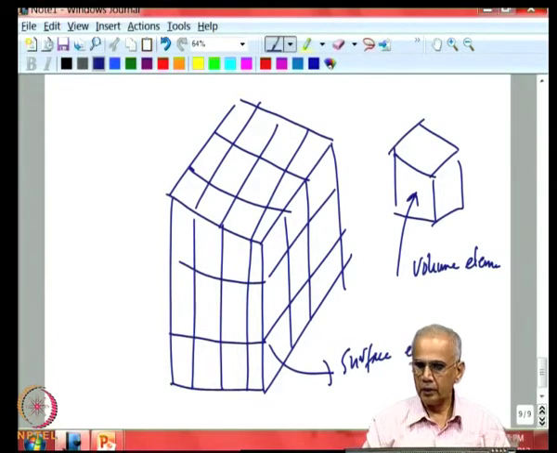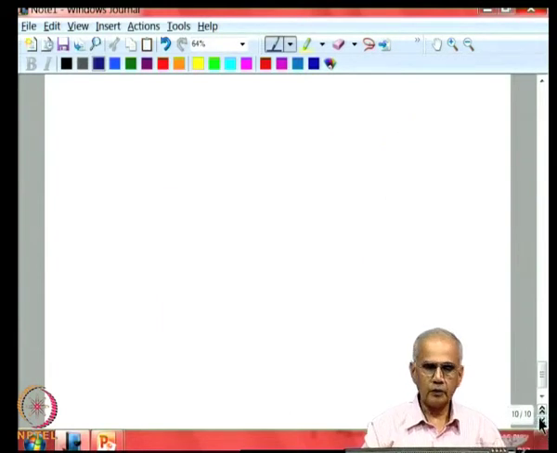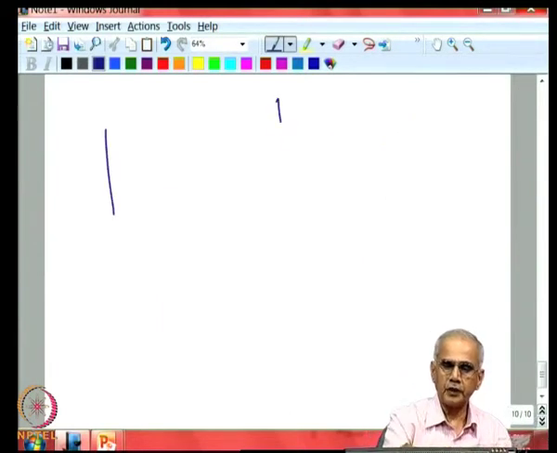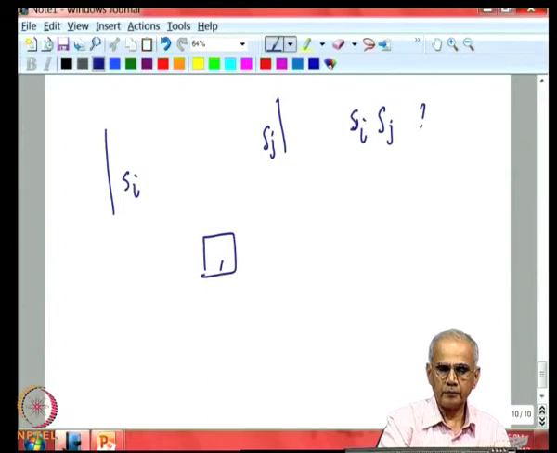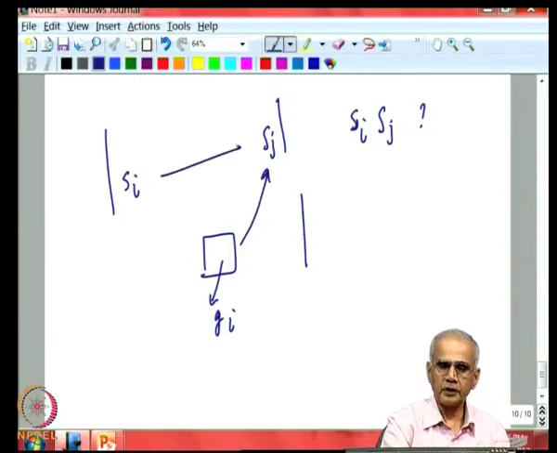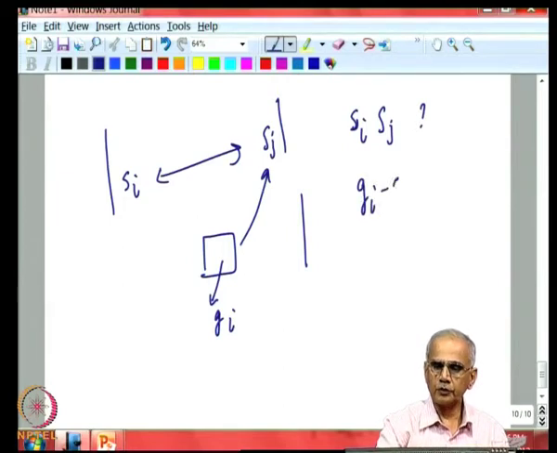There are 3 different, let me put that down. So, there is a surface in the furnace, so this is surface Si, this is surface Sj. So, you have to worry about radiation exchange Si to Sj. Then you have a gas volume here, which I will call Gi, and there is surface Sj here. This exchange is from volume to surface.